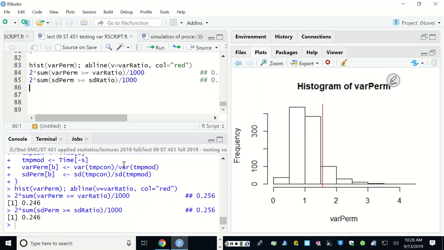In this case, it doesn't matter if we use variance ratio or standard deviation ratio, because it's just kind of a one-to-one mapping. One's just the square of the other, so they both give the same p-values. And so again, if you did this permutation, it would look like it's not really any particular difference.